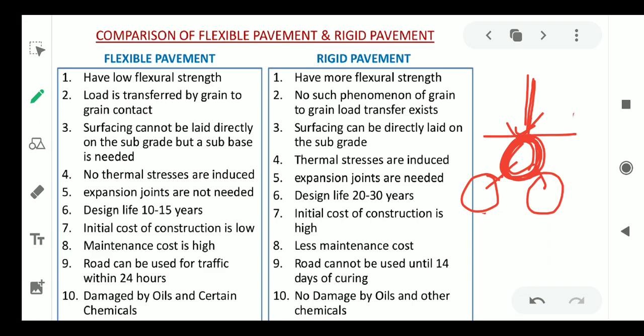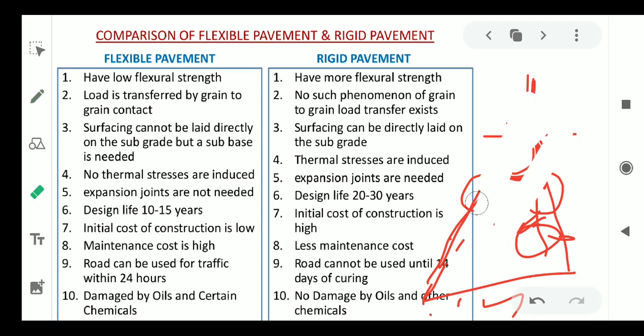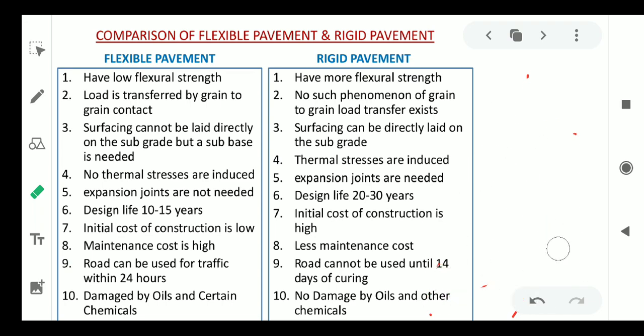So this grain transfers to another grain, and this grain to another. According to this phenomenon, the load is distributed grain to grain and finally to the subgrade soil of the pavement. But in case of the rigid pavement there is no such phenomenon, because in rigid pavement the load is transferred by slab action.